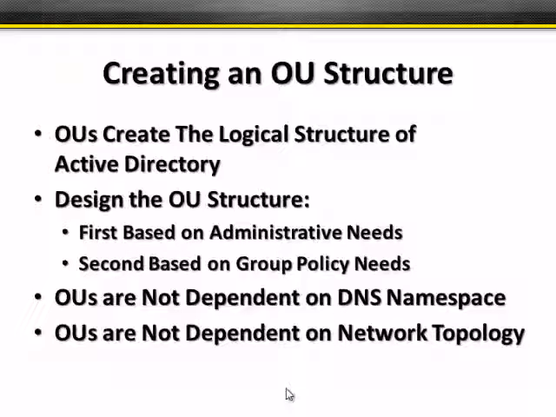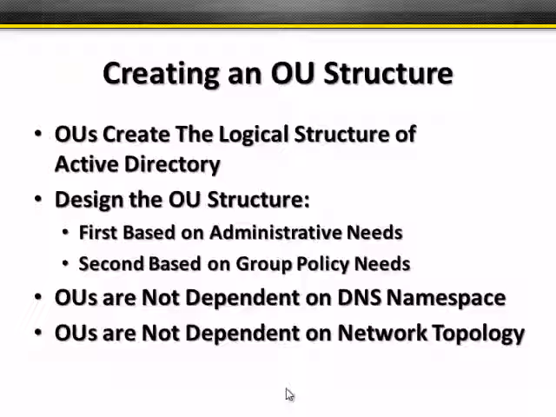Certainly one thing to note is that organizational units are not dependent on DNS namespace. It has absolutely no relationship to how I've done my domains or anything to do with DNS. And they're certainly not dependent on network topology. Again, that's what I'm using my sites for. That's how I'm going to geographically address my company. Even in the example where there's 5 buildings in a city, it sounds like geography, but really each of those buildings could be a site.